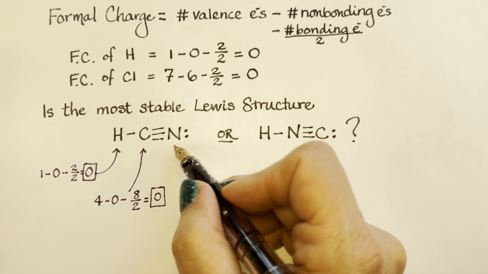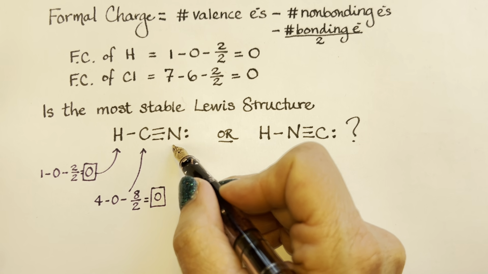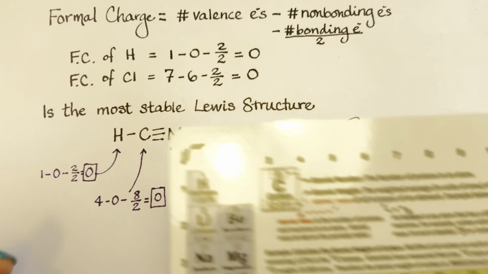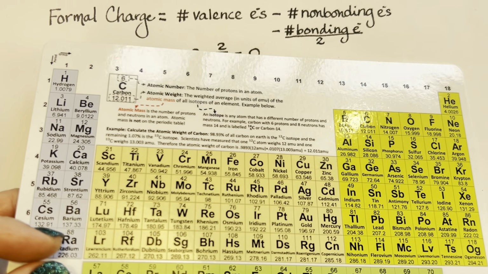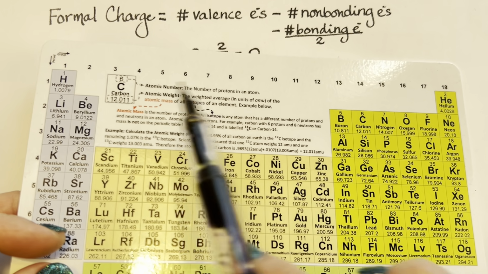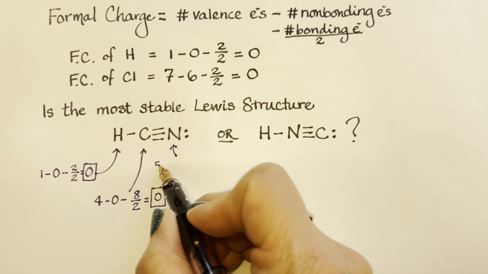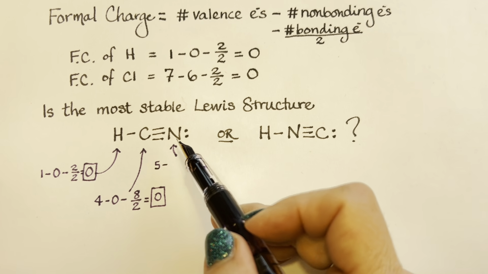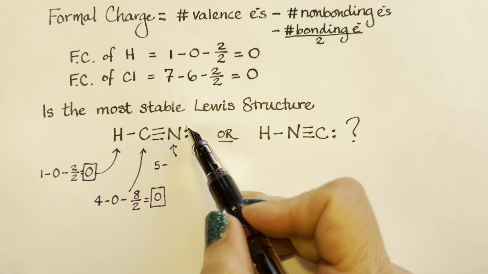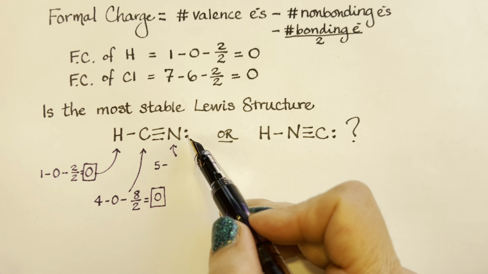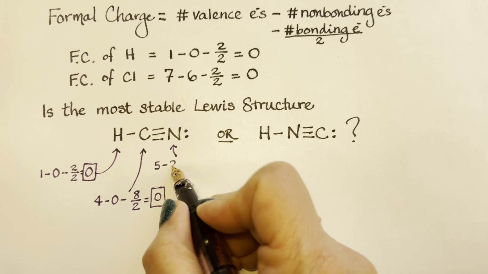Now what about this nitrogen? Number of valence electrons on nitrogen: we've got 1, 2, 3, 4, 5. This nitrogen does have a pair of non-bonding electrons, or in other words, a lone pair. So we're going to subtract those.